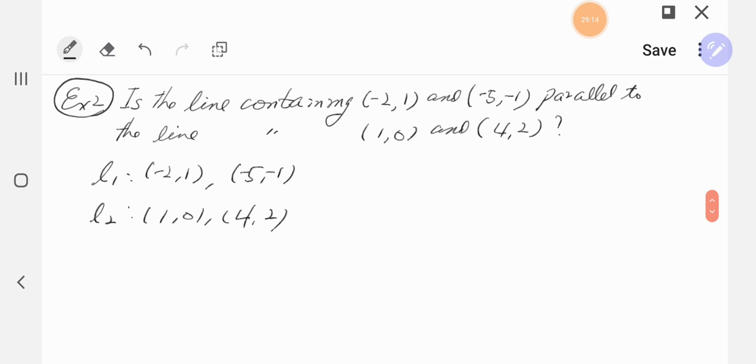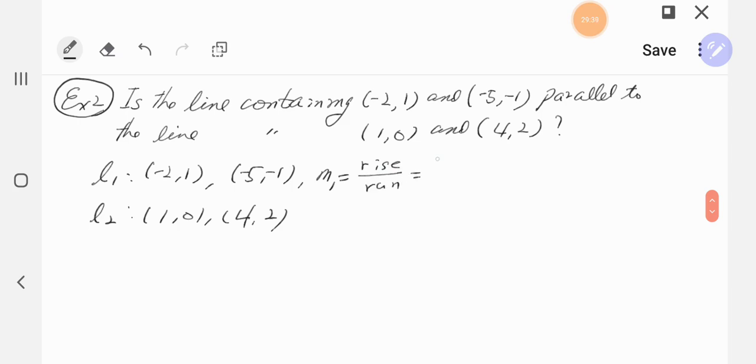So in order to find out whether two lines are parallel or perpendicular or neither, we have to compare the slopes, right? So let's find the slope of the first line. Slope is rise over run, y2 minus y1 over x2 minus x1. I will use rise over run again, because we have to be familiar with these words.